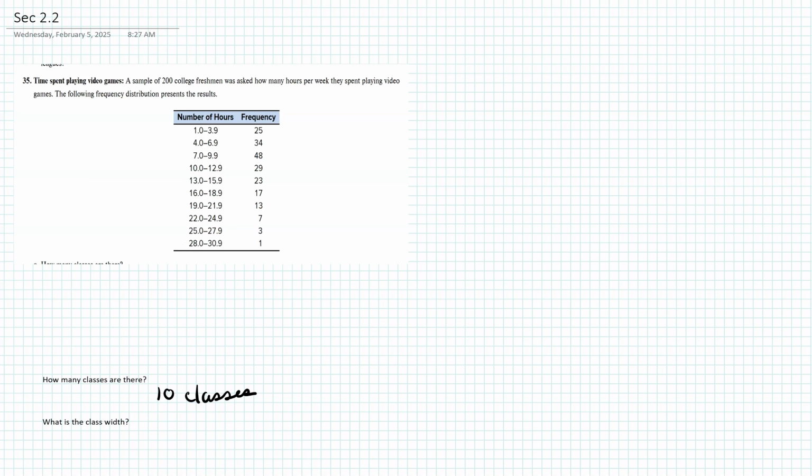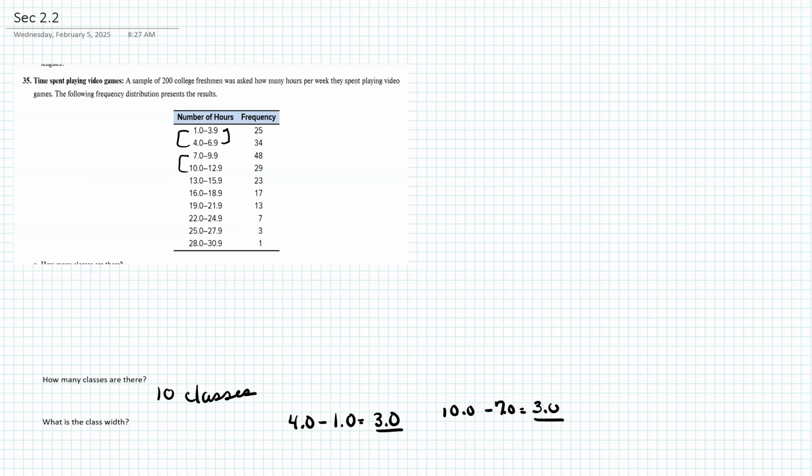What is the class width? Okay, so class width, I can pick any two I want, but it's a subtraction problem. 4.0 minus 1.0 is 3.0. That's the class width. If I did 10.0 minus 7.0, I still get 3.0.